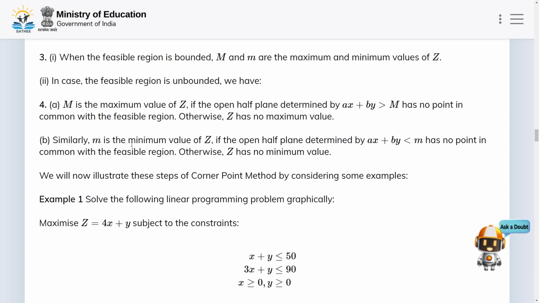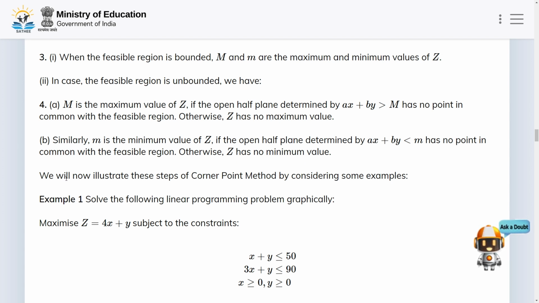Similarly, m is the minimum value of Z if the open half plane determined by ax plus by less than m has no point in common with the feasible region, otherwise Z has no minimum value.